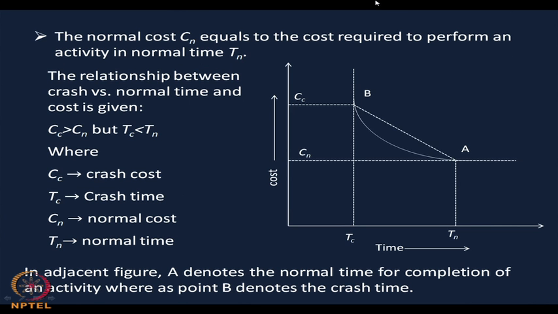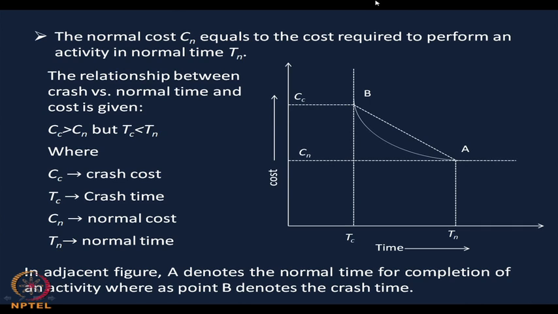Through the figure, if you see here, the notation Cc is the crash cost, Tc is the crash time, Cn is the normal cost and Tn is the normal time. From the figure we have seen what is Tc, what is Tn, what is Cc, what is Cn.